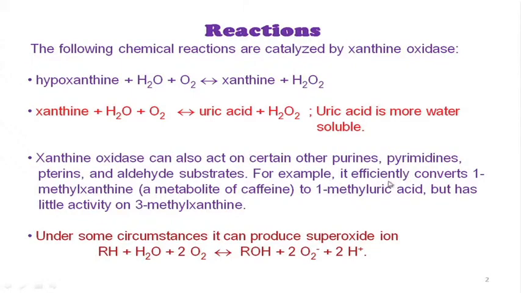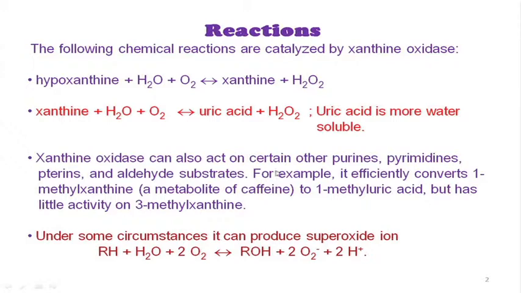Now consider a xanthine which is substituted, say the position 1 on the ring is occupied by a methyl group, giving methyl xanthine. That is another source, the methyl xanthine, which is the metabolite of the caffeine we consume.